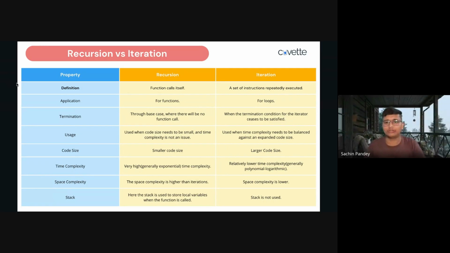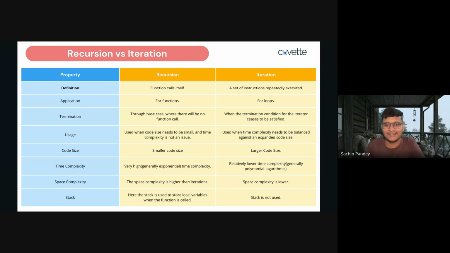But in iteration, relatively you will have lower time complexity. O of n, n log n, n square, these kinds of things, n cube later, but it will rarely be exponential, never be exponential, unless you have so many loops nested inside each other, and then it will cause a problem for you.